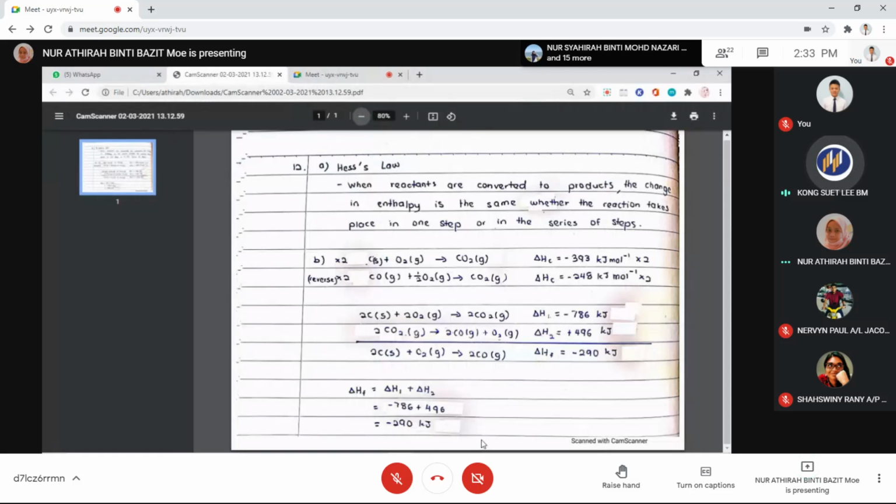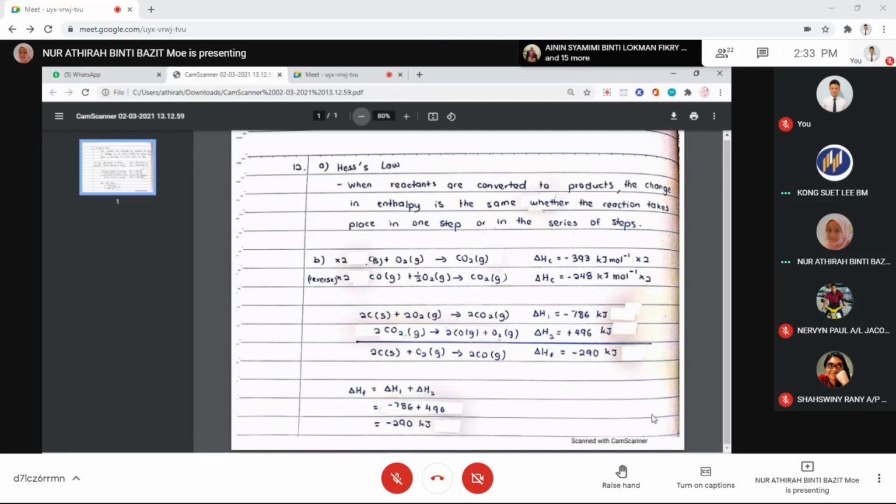Okay, everybody please look at the B, the listed one. Negative 393 kilojoule per mole, because it refers to 1 mole of CO2. And then the second equation, negative 248 kilojoule per mole, refers to 1 mole of CO2. But after you times 2, reverse times 2, the equation no longer refers to 1 mole. That's why the final answer for the enthalpy 1, enthalpy 2, and then the enthalpy of reaction is kilojoule.